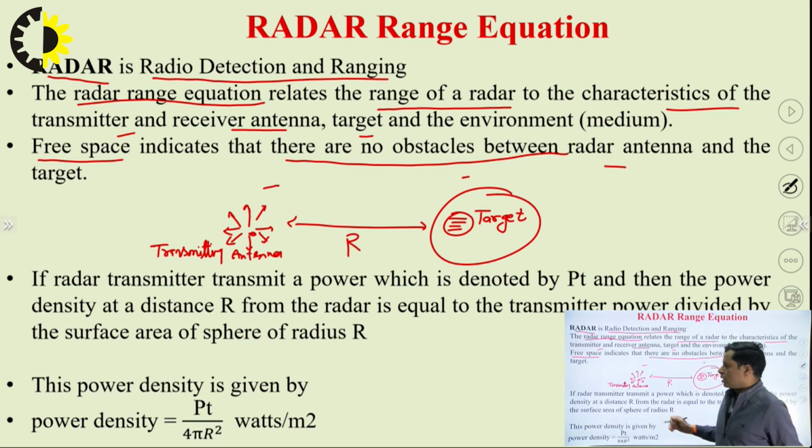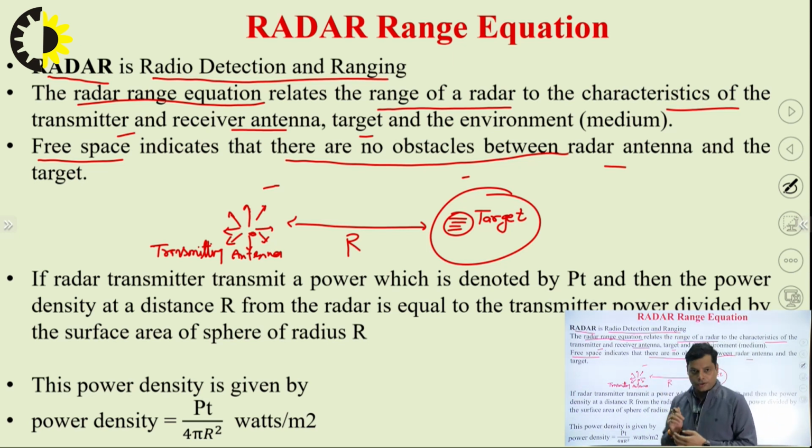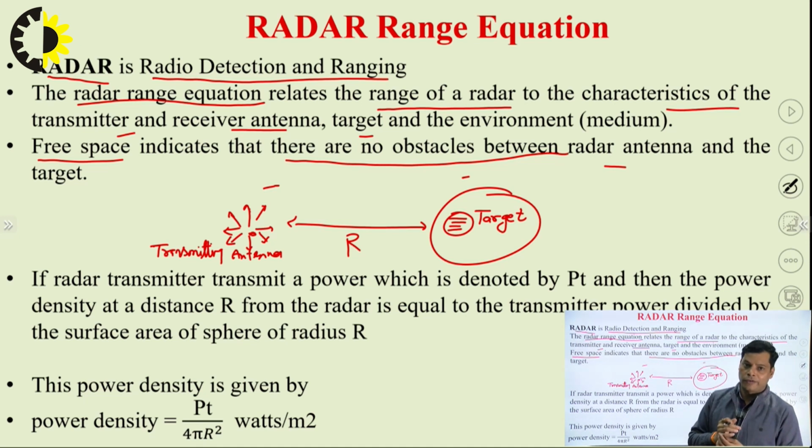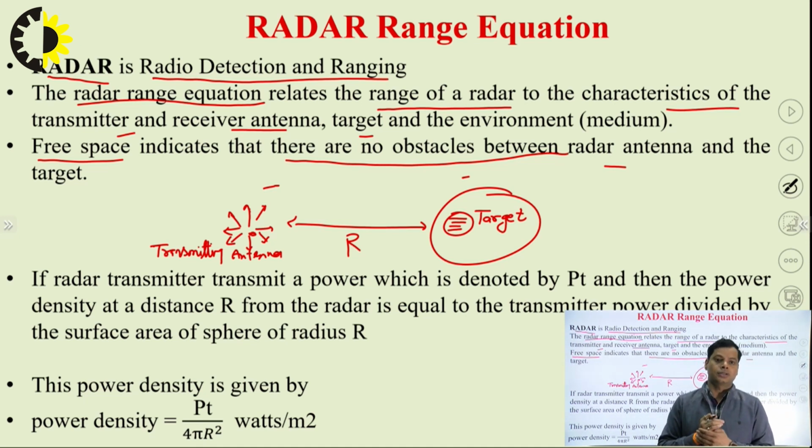Now, our interest is at how much distance this object is available. For that, we will go for the radar range equation, where we will get the value of R, and how this range distance R depends on different factors of the antenna sections.